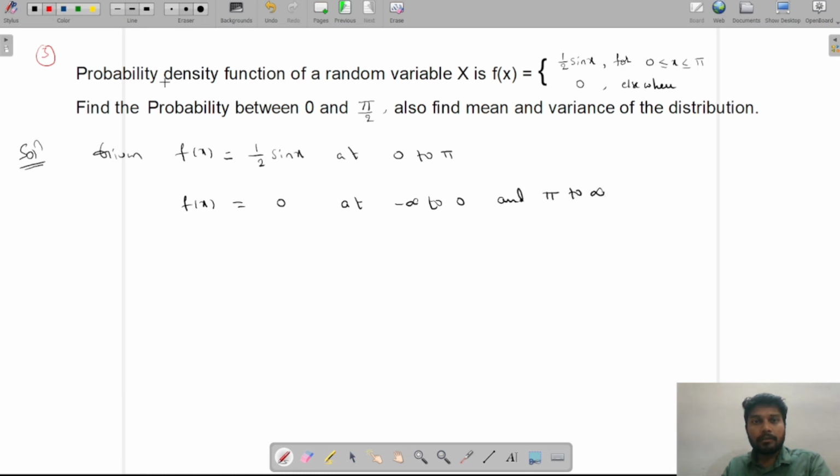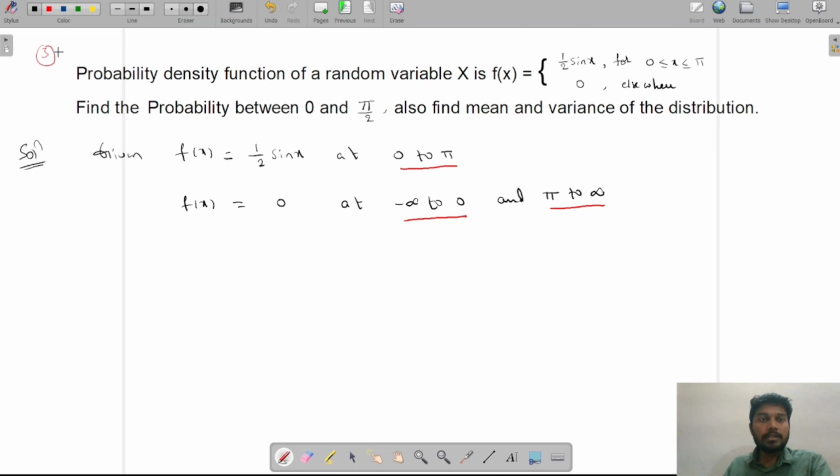Whenever x values are from 0 to pi, this is your function f of x. And whenever x values are from minus infinity to 0 and pi to infinity, your function is 0. I hope everyone is clear about the given function f of x, right?